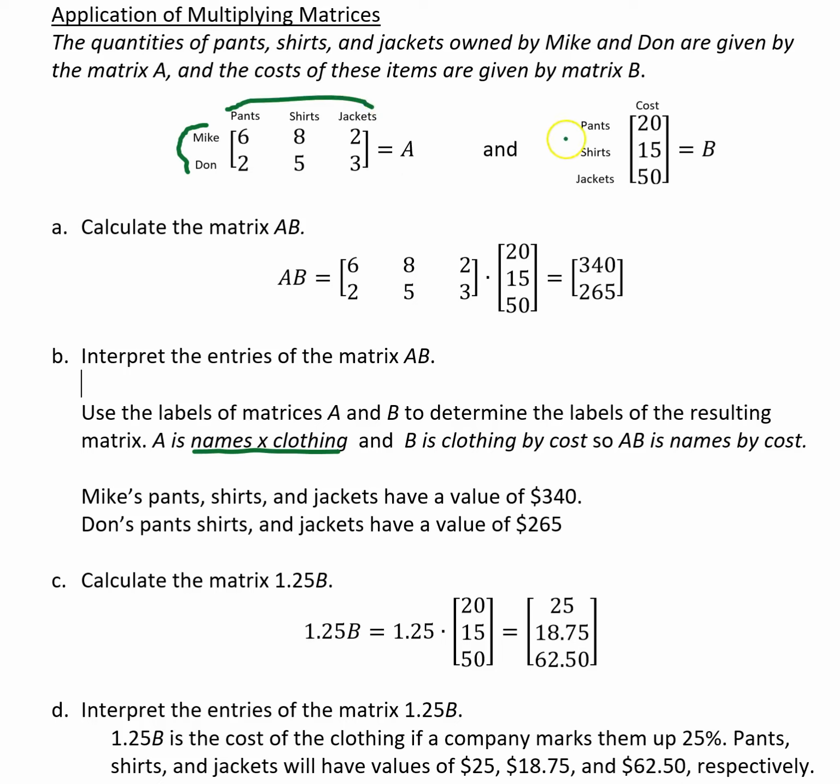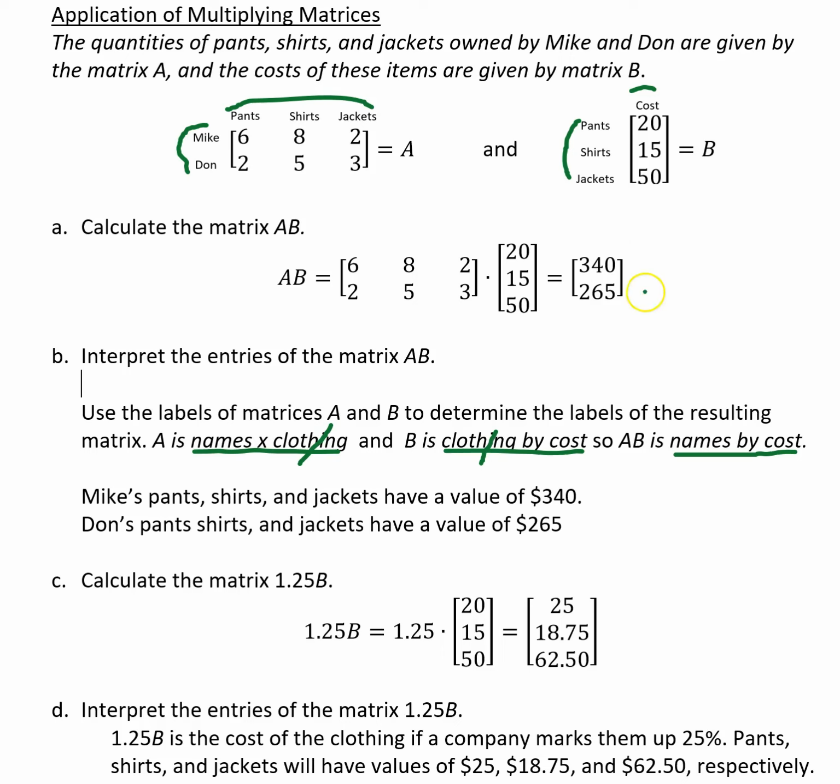Matrix B is clothing, those same labels, by cost. So if I'm multiplying A times B, then I know that these clothing labels will disappear, and my labels are names and cost. So that's why matrix AB has the labels names and cost.